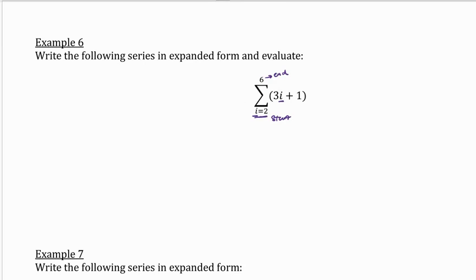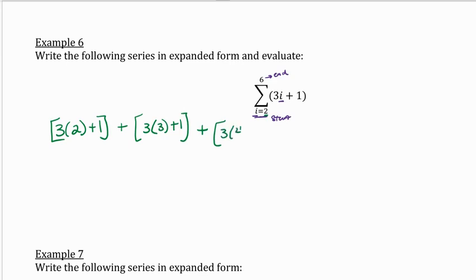So my first term, remember, I'm going to start with 2. So I want to do 3 times 2 plus 1. That is your first term in the series. Right? I started with 2. Okay, so then I'm just going to increment up until I get to 6. So then I would add the next term, which would be 3 times 3 plus 1. Our next term would be 3 times 4 plus 1.